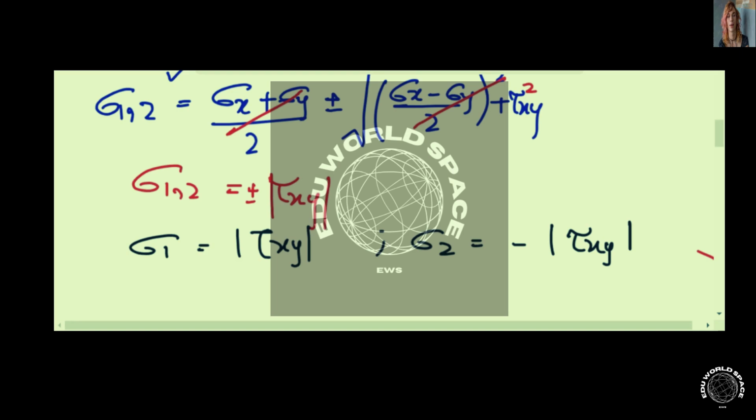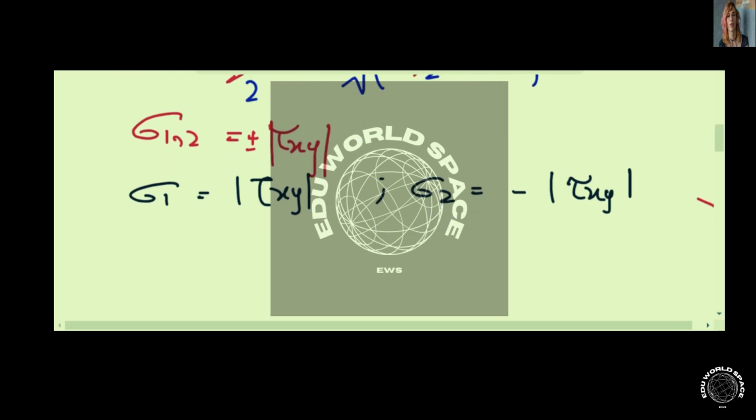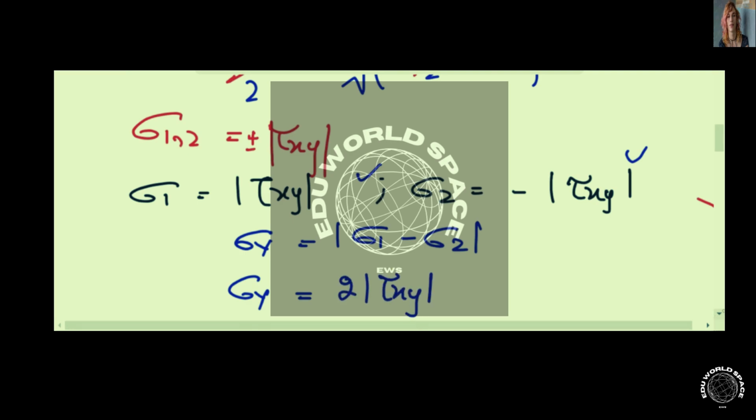Now it is very clear that the principal stresses have different signs, so in this case equation 10.27 states the maximum shear stress theory. That is, the yield stress is equal to the absolute value of the difference of sigma 1 and sigma 2. Substituting these values, we get that the yield stress is equal to 2 times the absolute value of the shear stress.